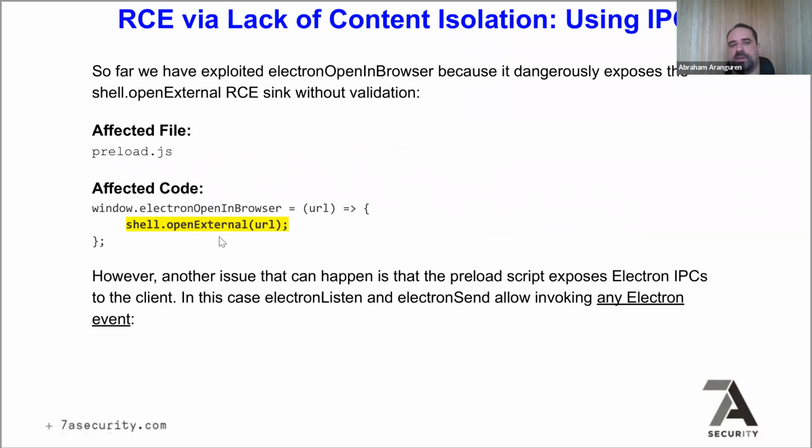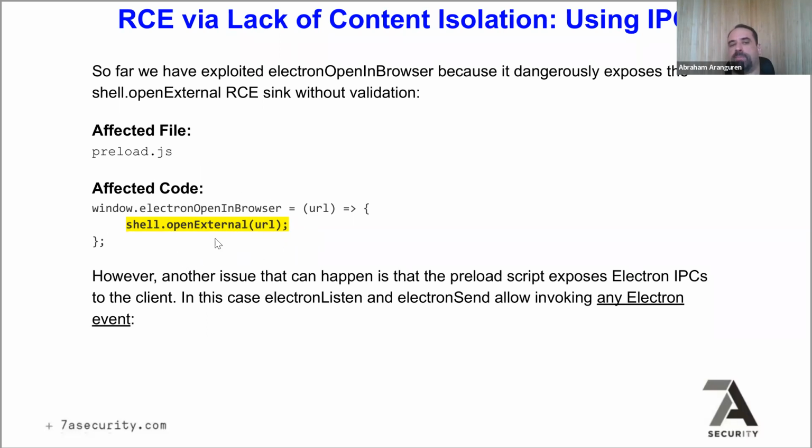Now, in other cases, this vulnerability might exist in a different way. Sometimes the developers on the Preload script might expose window Electron open in browser or something like that, which would open a shell open external URL. So this would also be a problem, because from the XSS you would be able to call shell open external directly, but you don't even need to attack the Preload scripts.